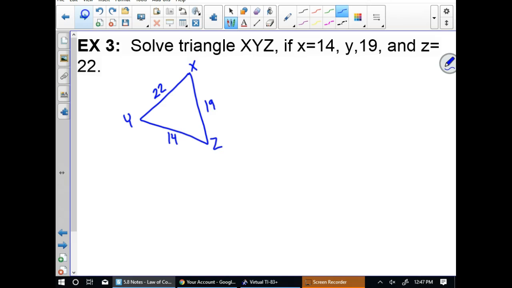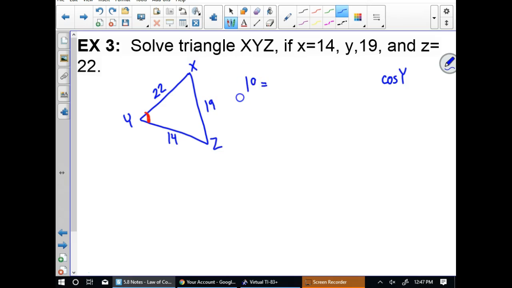So Nathan, which one do you want to find, x, y, or z? Y. Okay, so if we're going to find y first, then whenever we do this problem, I'll have cosine of y on the end. And that means over here on this side, the side across from y has to be the one that you have over here.